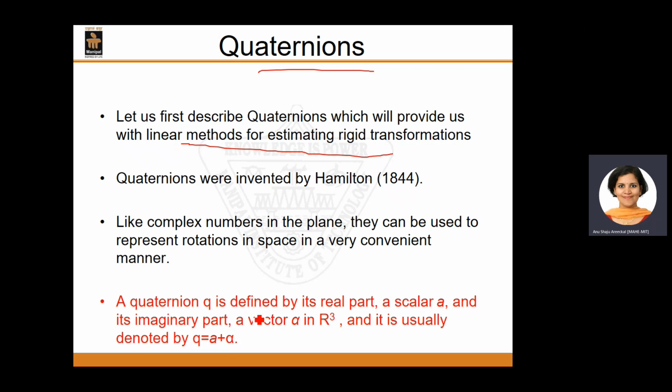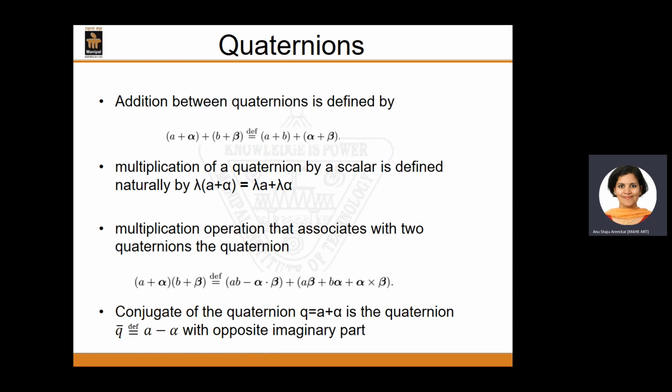The quaternion can be represented by the letter q. And q is defined as having a real part as well as an imaginary part: a real scalar part associated with q, and an imaginary vector quantity associated with q.